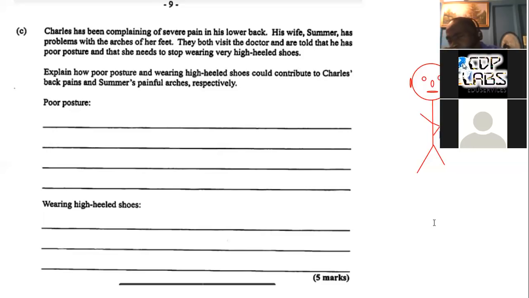Put your hands where your lumbar vertebrae is supposed to be. Rub it and tell me what you feel right there. Back support, support base of the spine. Go ahead.